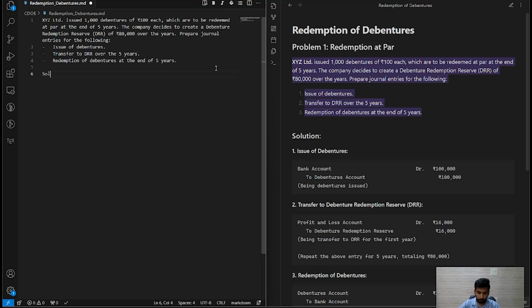Solution. First of all, we'll talk about the issue of debentures. You will issue the debentures. That will be bank account debit to debentures account.